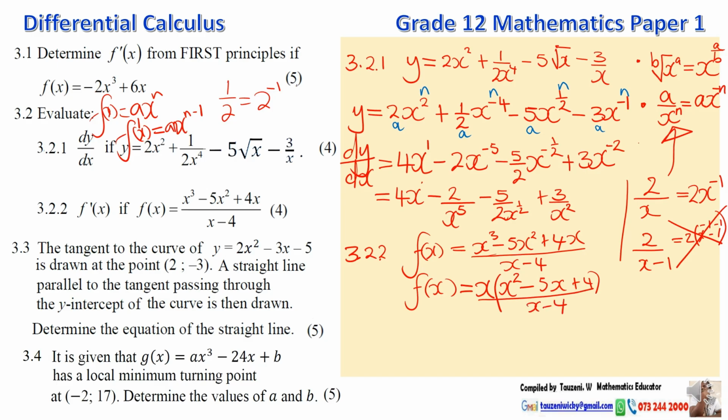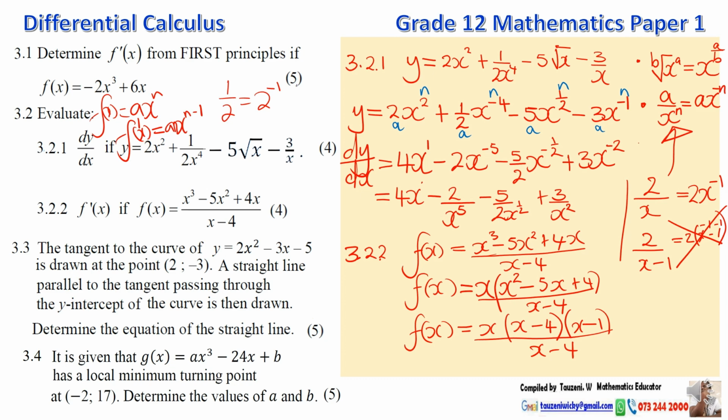In brackets we have a trinomial that we can factorize into 2 more brackets. So factorizing again, that would be x minus 4 times x minus 1, divided by x minus 4. After factorization, you divide the common factors.